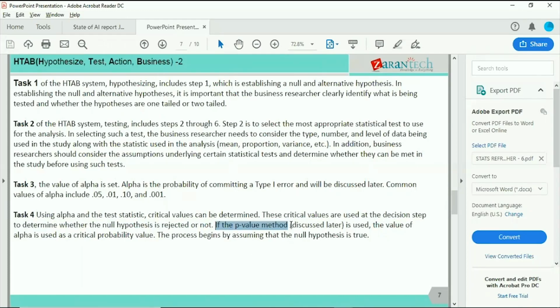I have not discussed the p-value method in this class, but yes, there is a p-value method, which is nothing more than a probability method. I have tried to explain how a normal curve is formed. It depicts the probability basically, and this p-value method uses that concept.